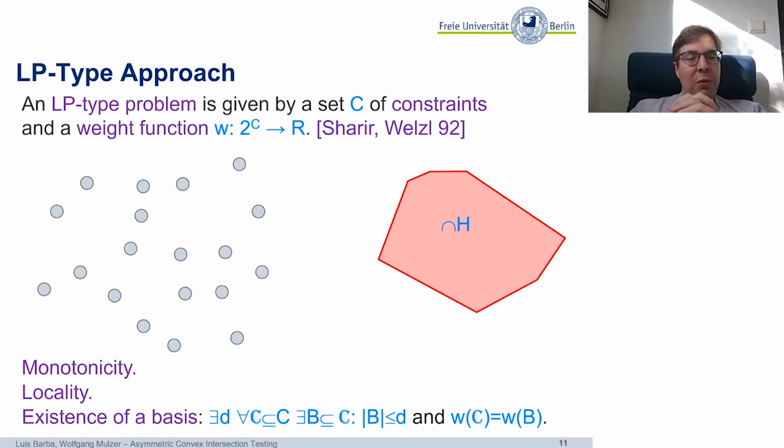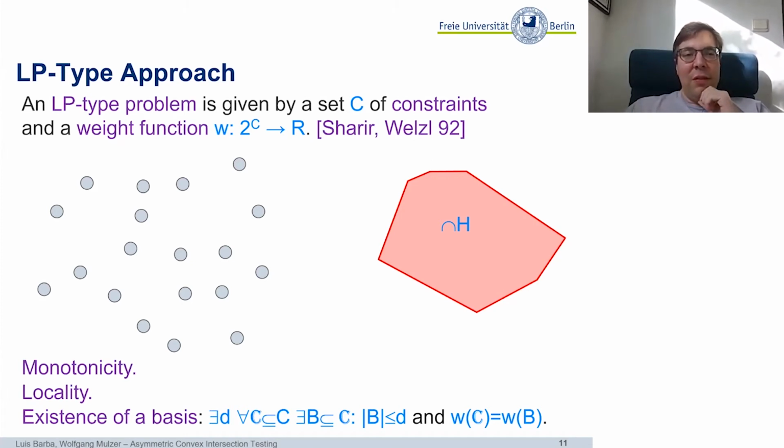The other two properties that we need are called monotonicity, which basically means that the weight function, if you take subsets, can only go up or down depending on whether you want to maximize or minimize, and locality, which basically says that if a basis is violated, whatever this means, we can see that through a local test. But these two properties are also fulfilled in my concrete casting of the asymmetric convex intersection testing problem as an LP-type problem.